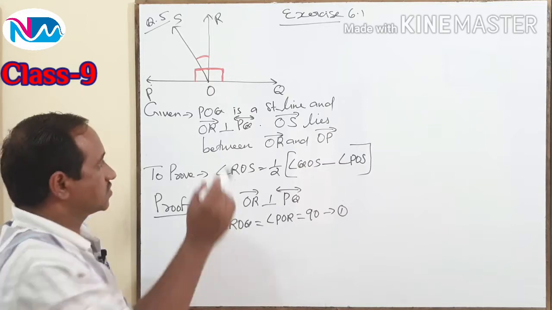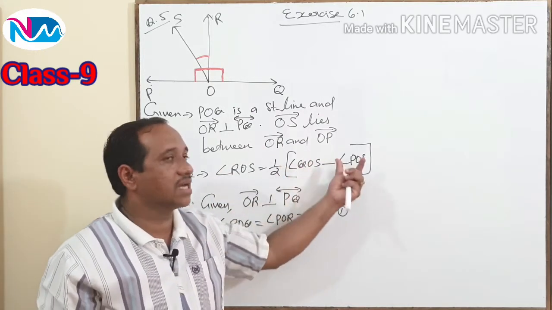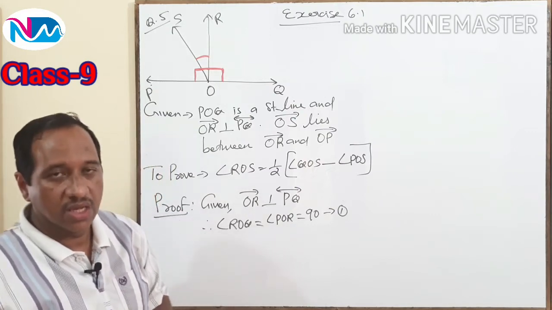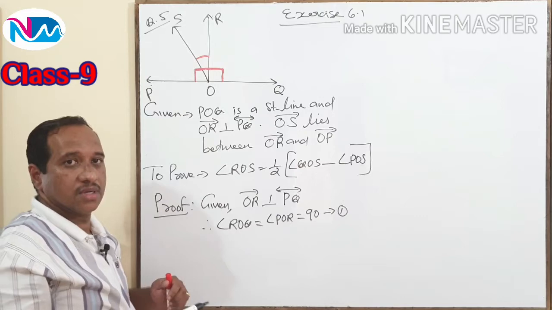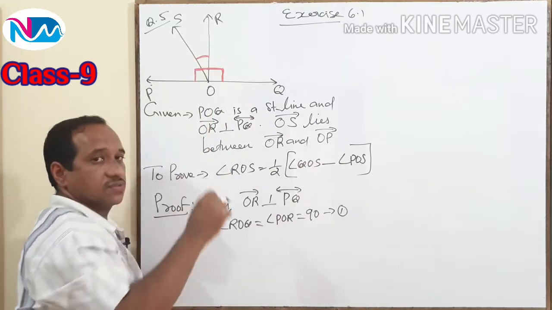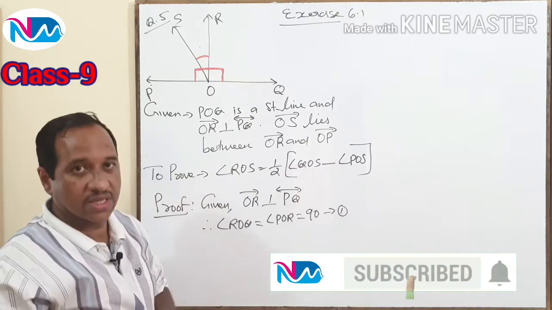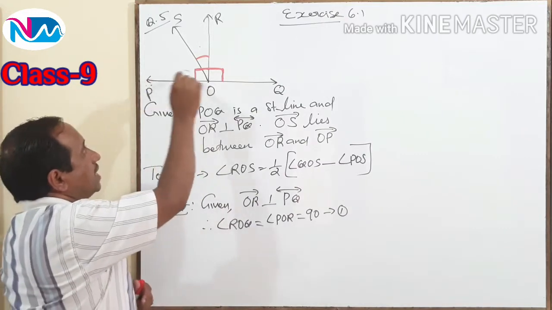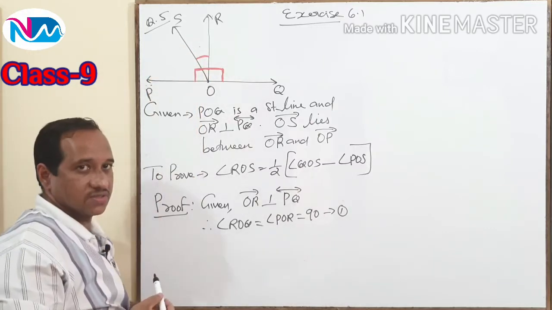We have to express angle ROS in terms of angle QOS and angle POS. Here you can see that angle QOS contains angle ROS and angle POR also contains angle ROS.